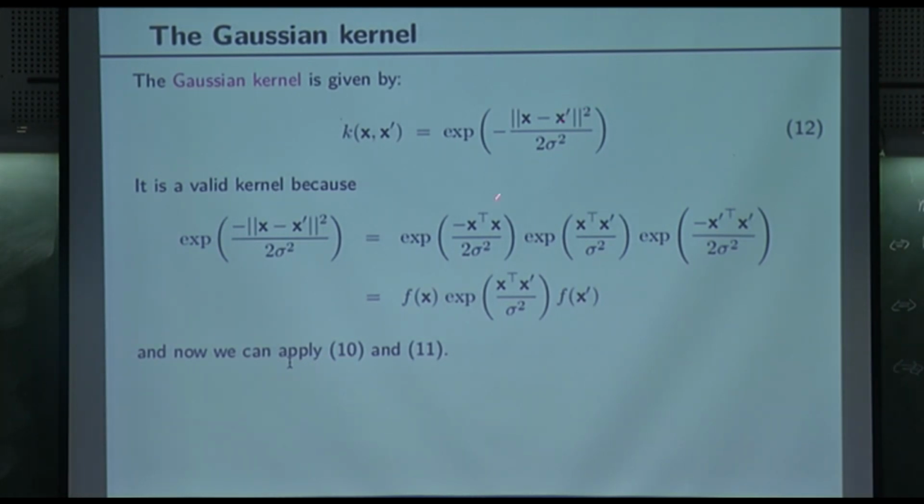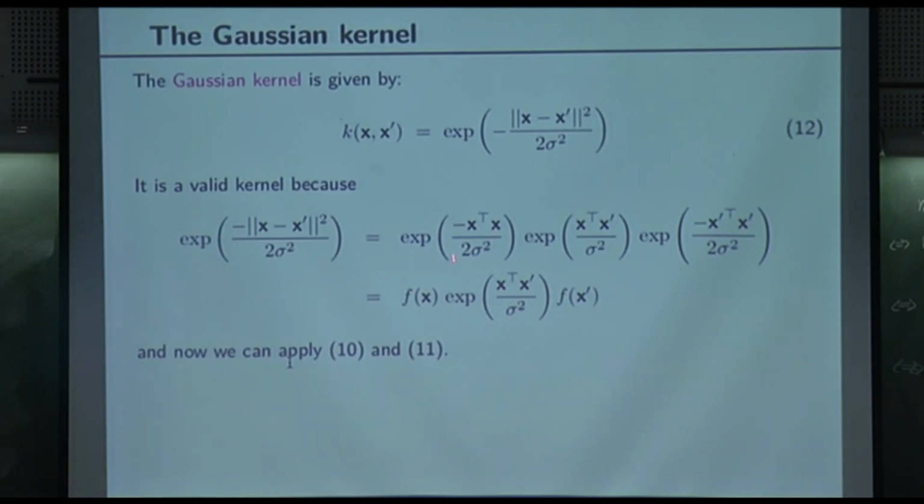This doesn't quite look like an inner product at all. But let's look at our rules. So we expand this: exponent of minus x transpose x over 2 sigma squared, times exponent of x transpose x prime over sigma squared, times exponent of minus x prime transpose x prime divided by 2 sigma squared.